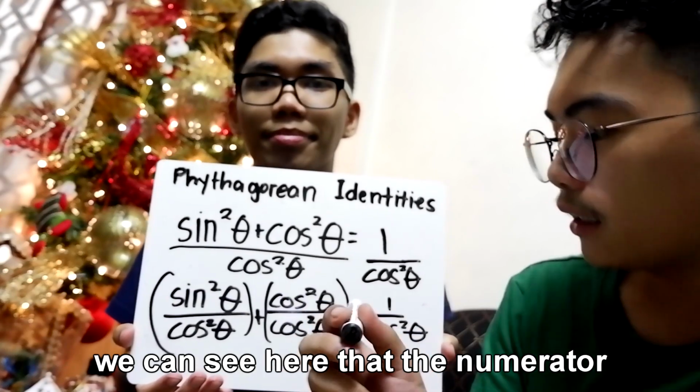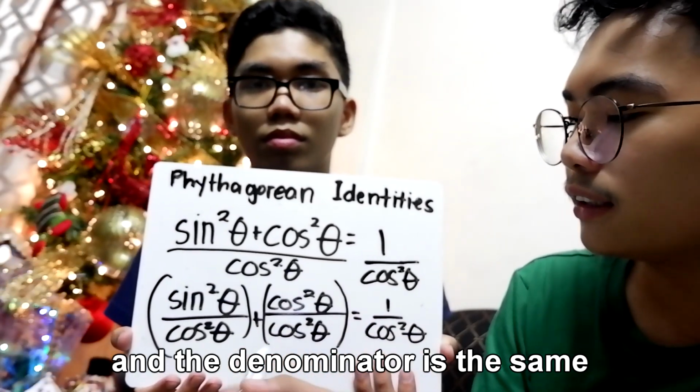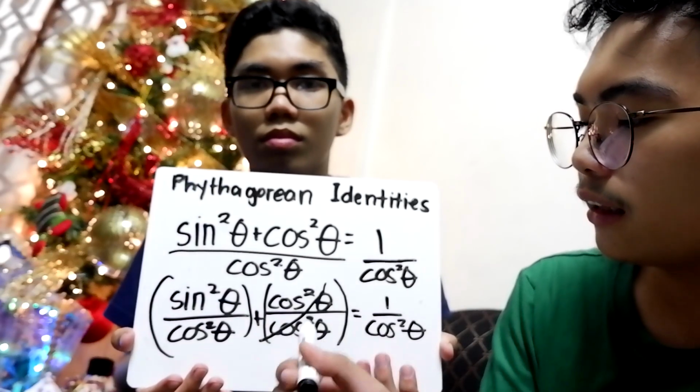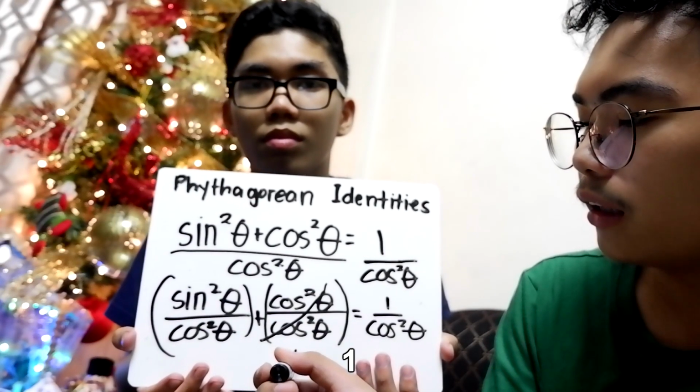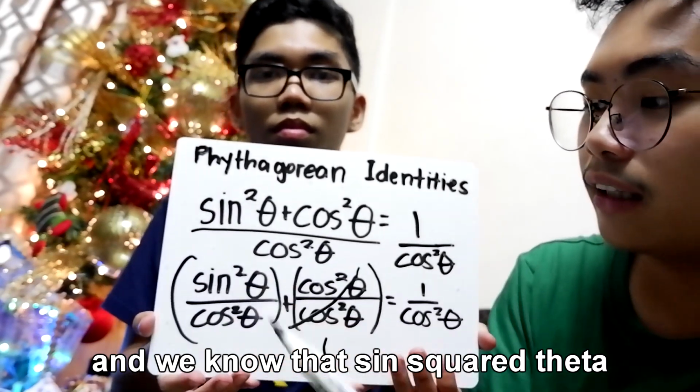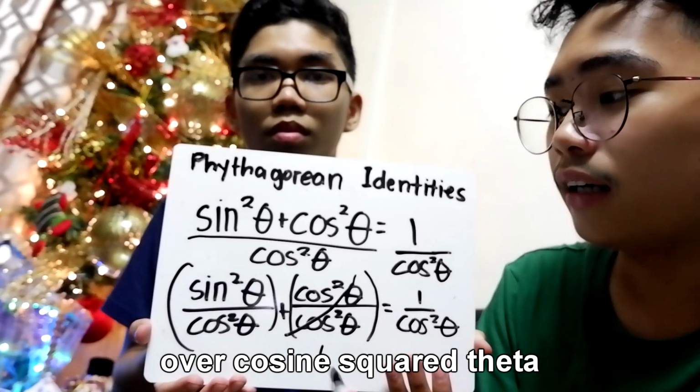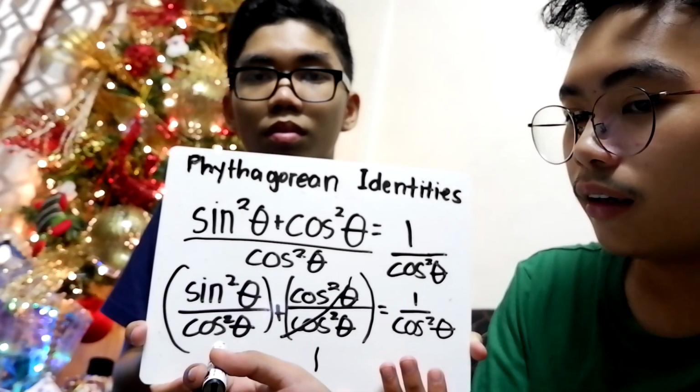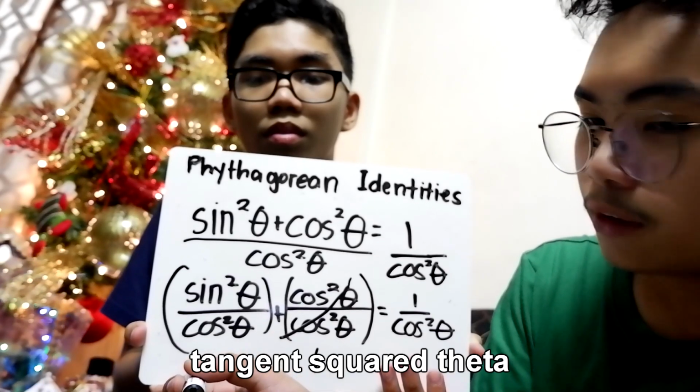We can see here that the numerator and the denominator are the same, so we can cancel it, and it will become 1. And we know that sine squared theta over cosine squared theta is simply tangent squared theta.